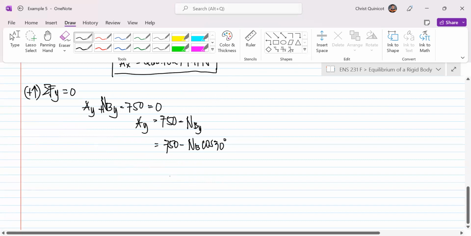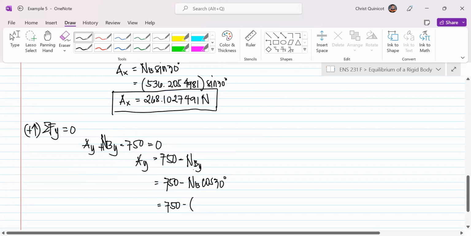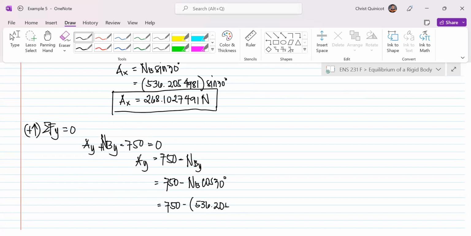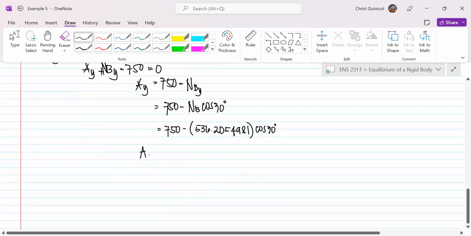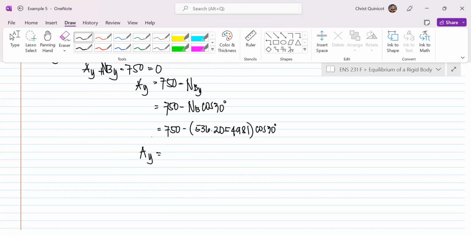So we substitute our value for N sub B: 750 minus 536.2054981 times cosine 30 degrees, and our value for A sub Y is equal to 288.632417 Newton.